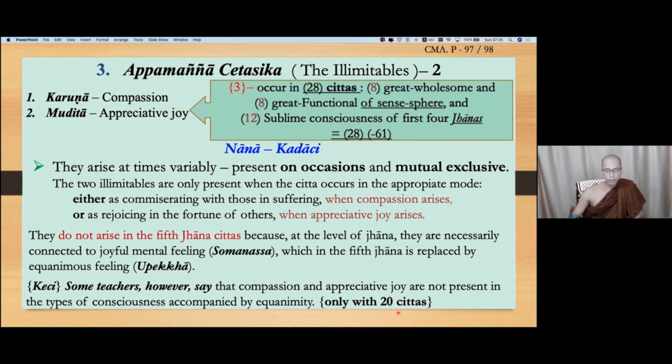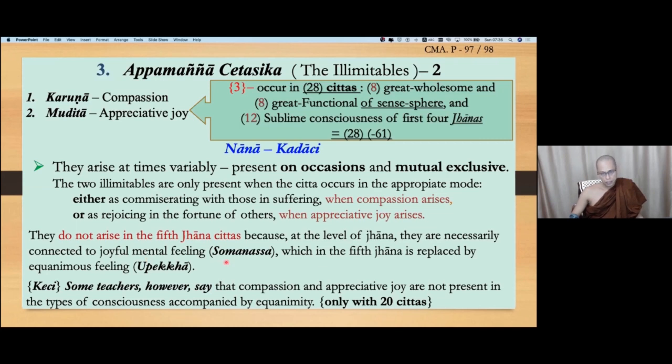Their view is not taken in the Abhidhamma Sangaha, but the Venerable Anuruddha mentioned their views. So they also say it in that way, but we keep that only in the level of jhana, the compassion and appreciated joy, the 2 illimitables, need the support of joyful mental feelings.